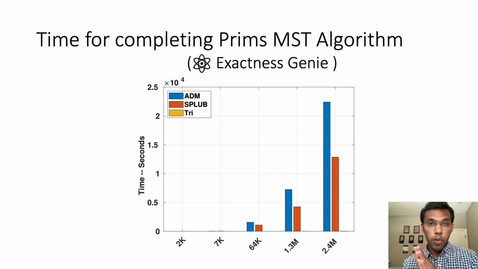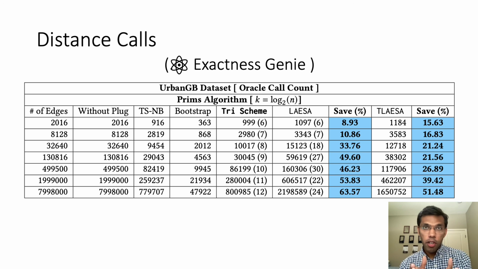You can see that for large settings, ADM takes more than 2.25 × 10⁴ seconds to complete. For SPLUB, it is roughly 1.25 × 10⁴, but tri-scheme is blazingly fast. You cannot even see it in this graph. It is super fast and finishes almost immediately.